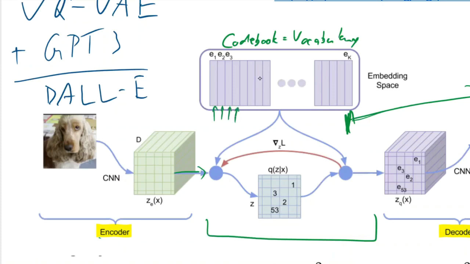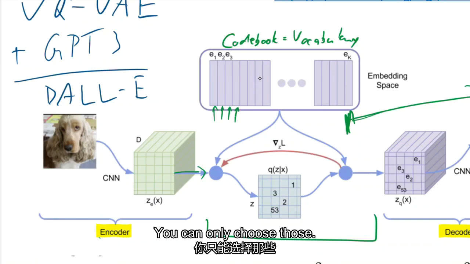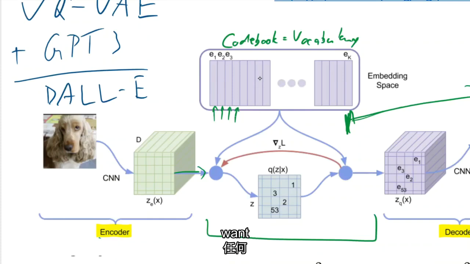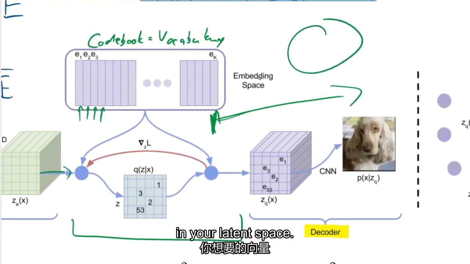There are a number of vectors that you have at your disposal, Mr. or Miss or Mrs. Encoder. You can only choose those. You can't choose any vector that you want. So in your latent space, there's this, this, this, this, this. You have to choose one of them.